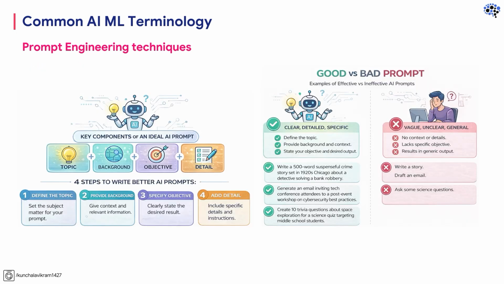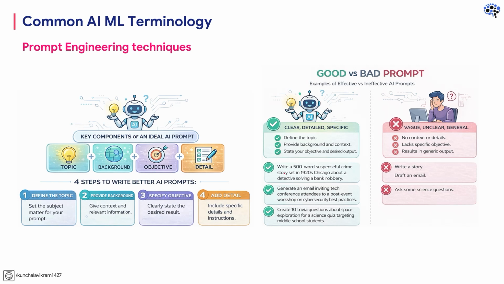So there is a good prompt, and there is a bad prompt. For the good prompt, you prompt the model in a very specific format. For example, you can mention the topic it needs to respond to, the background, the objective, and the details of the question, right? So in this case, the model will think and respond appropriately.